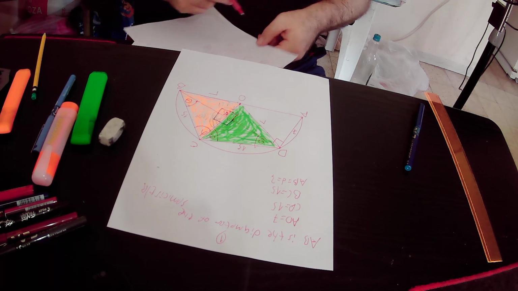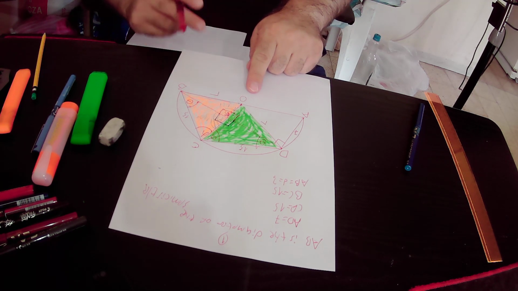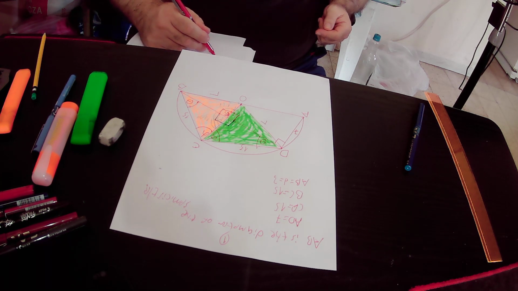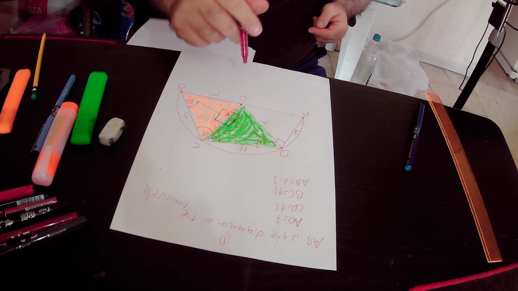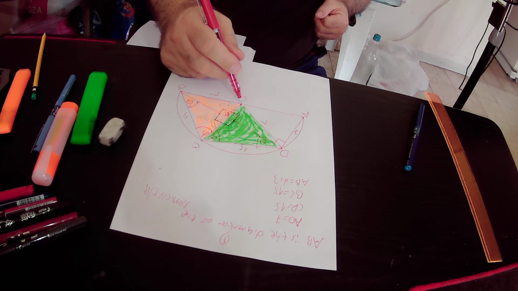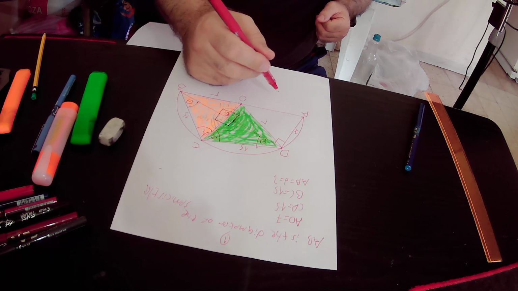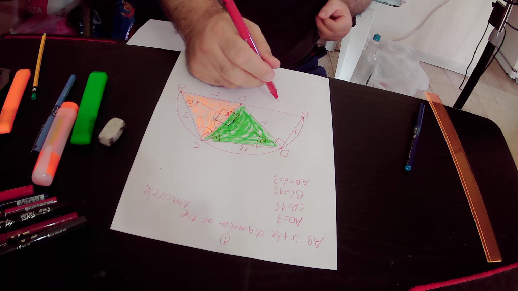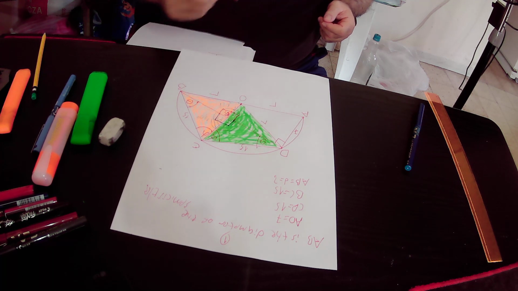But what is the size of OB? OB is the radius of the circle. And also we know that OA is also the radius of the circle, because it starts from the center of the circle and ends at point A, a point on the circle itself. Therefore, OA is the radius of this semicircle.